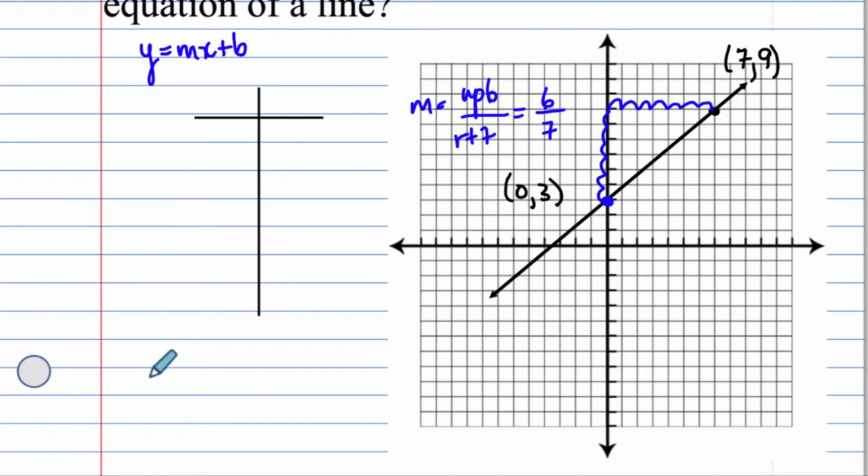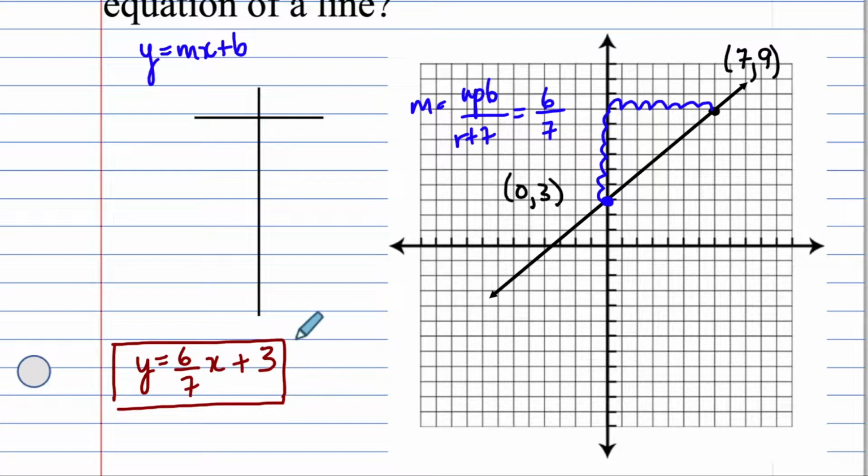And when it comes time to write the equation of this line, we can use y is equal to the slope, 6/7, x, plus the y-intercept, 3.